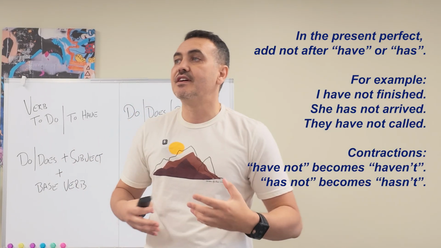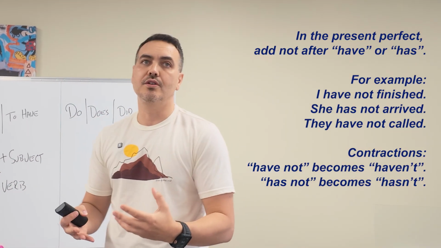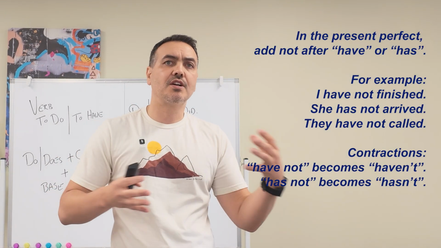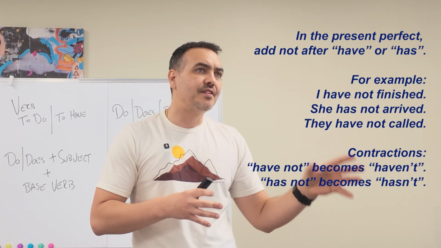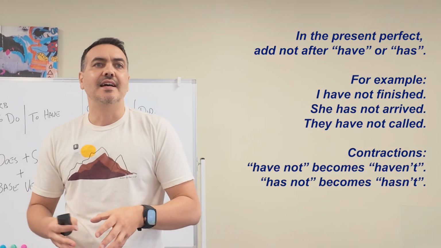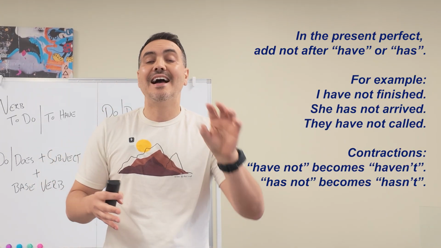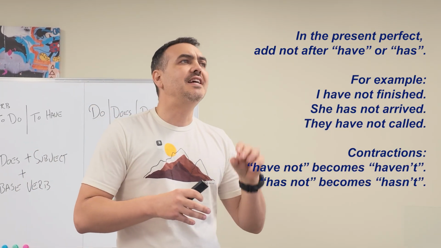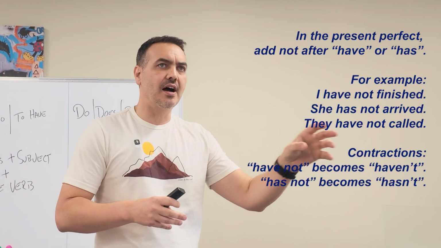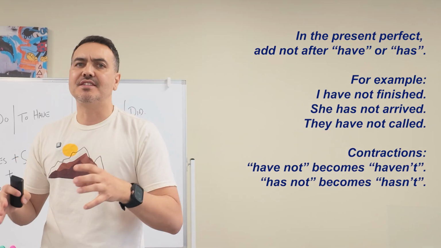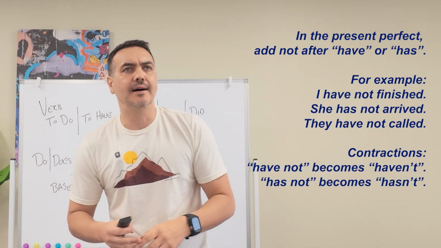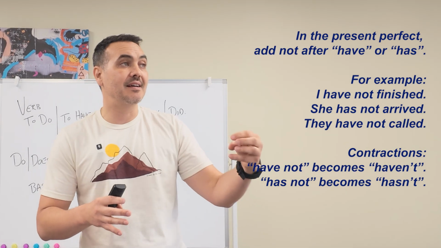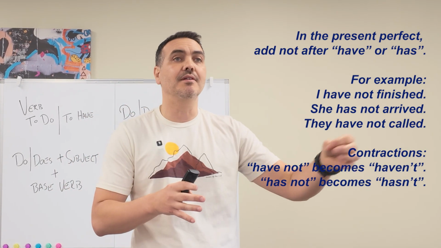They have not called, okay? And in speaking, of course, we're going to throw in a contraction there. So have not is going to become haven't, and has not is going to become hasn't, okay? I haven't finished. She hasn't arrived. They haven't called.